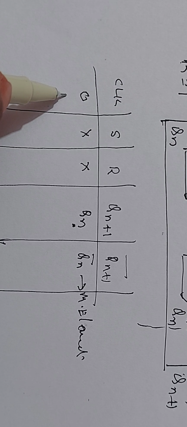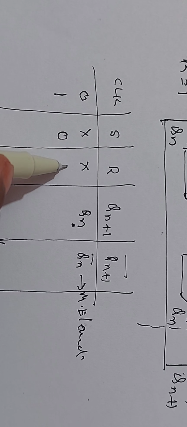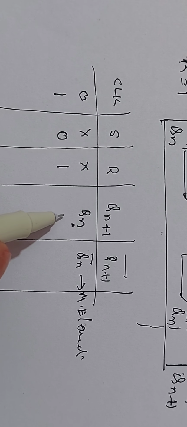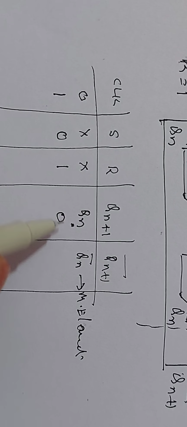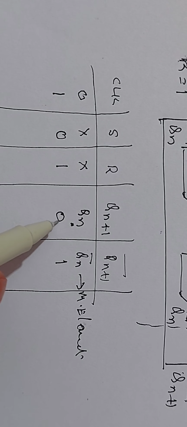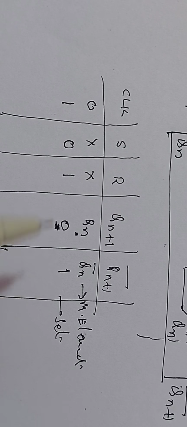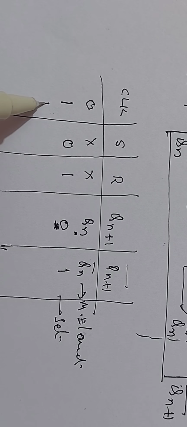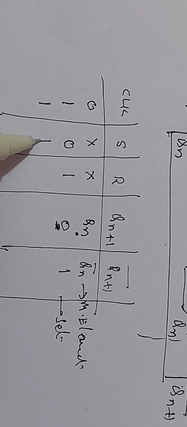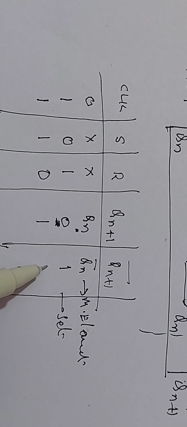When the clock pulse is present, when S is equal to 0 and R is equal to 1, we have Qn plus 1 as 0 and Qn plus 1 bar as 1. Since Qn plus 1 is 0, we call it reset. When the clock pulse is present, when S is equal to 1 and R is equal to 0, we get output Qn plus 1 as 1 and the other output 0.